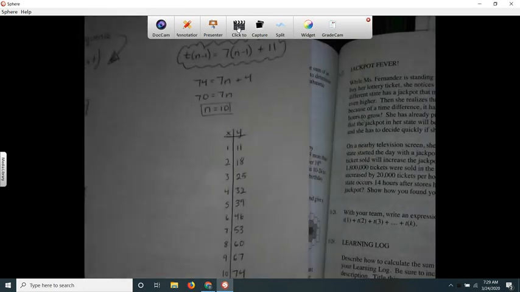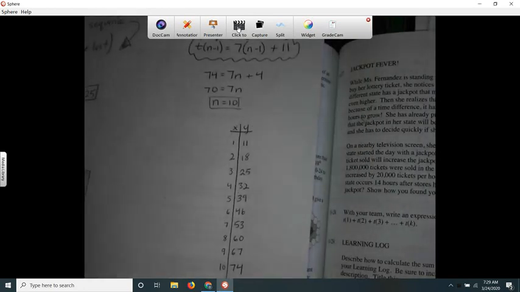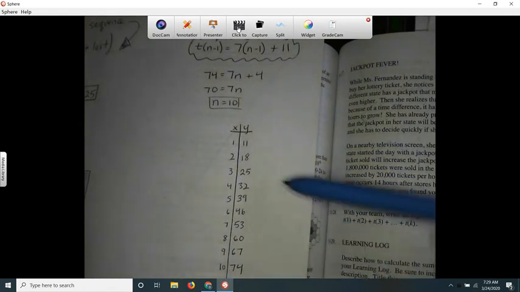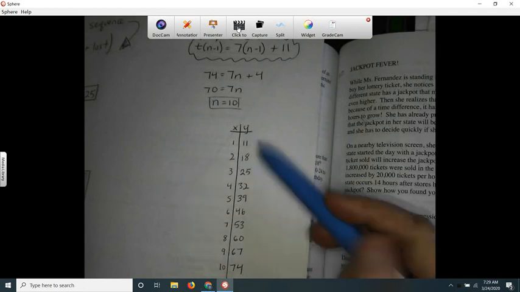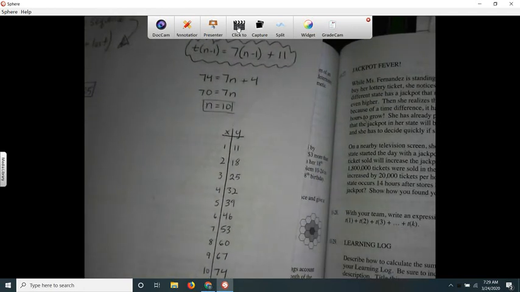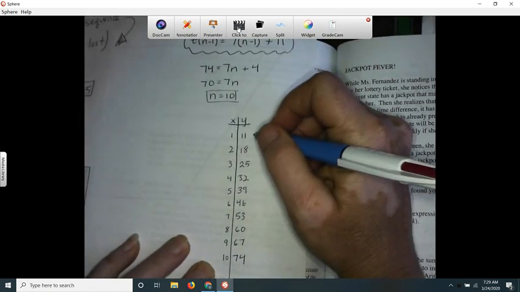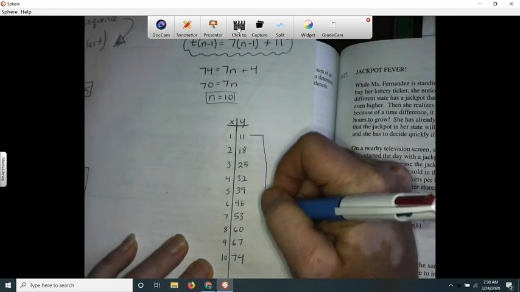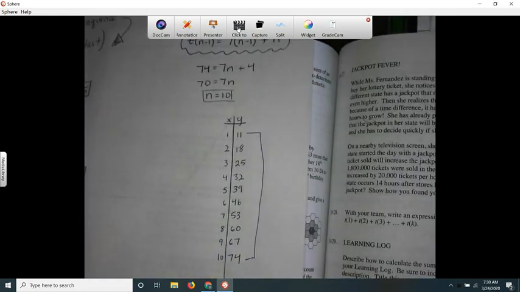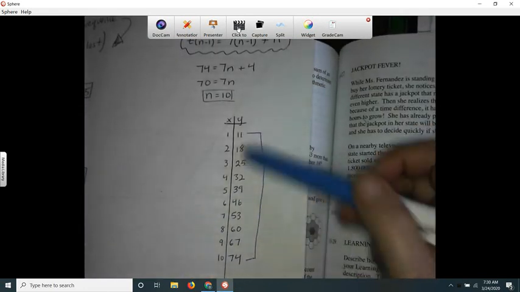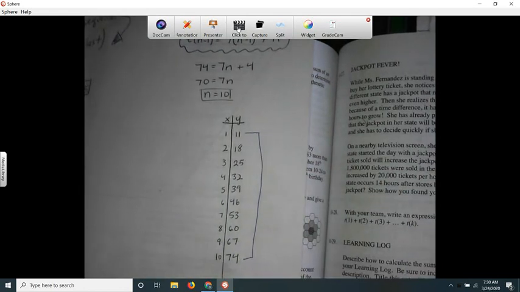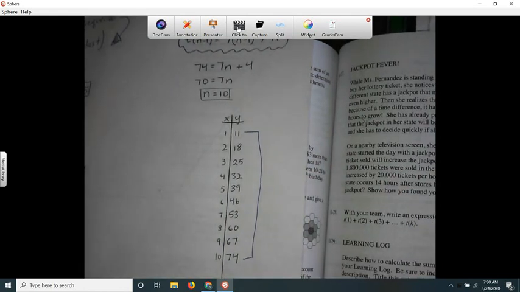So let's say that I can use this little formula, the little y equals mx plus b, to get all the terms, or I can just simply add 7. When I get all these terms, I showed this to some of you. Because it's linear, if I add the first and the last terms, I get whatever 74 plus 11 is, 85.